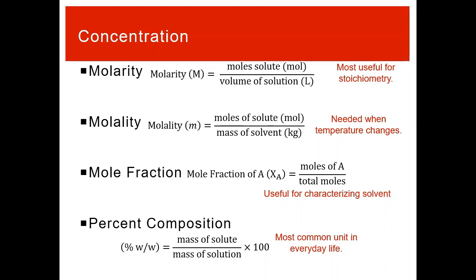And then percent composition is the most common everyday one that's used. And you'll note the reason is because it's mass over mass. All of the other ones have either moles explicitly in them or particular types of units, liters or kilograms. Percent composition lets you just use the units you calculated your amount in. So percent composition is generally really useful when it's just like, I want to mix, say I'm going to dissolve some bleach in water.